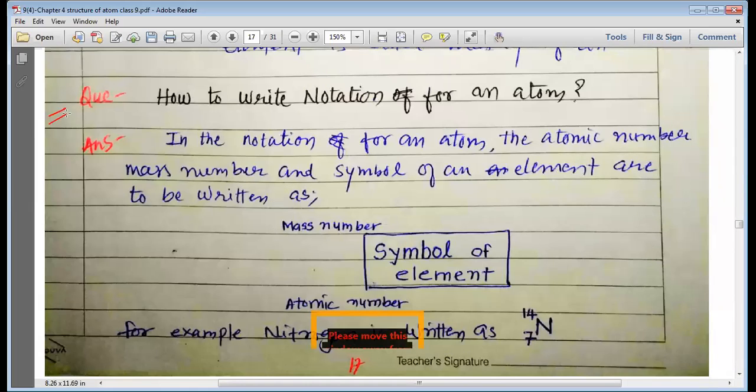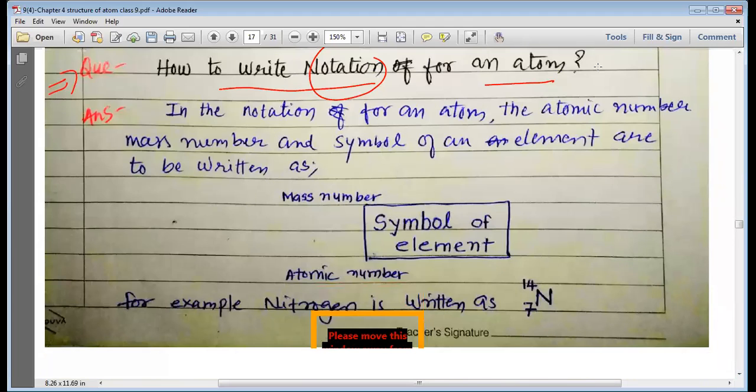Now, my dear students, we want to study how to write the notation or expression of an atom. How should we write the notation for an atom? We have already studied it, but we are writing it in the form of question and answers.